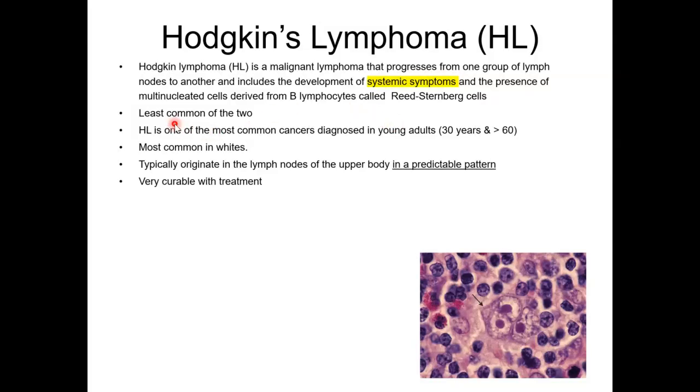Important right here, circle this, okay? Hodgkin's is the least common of the two types that we're going to talk about.